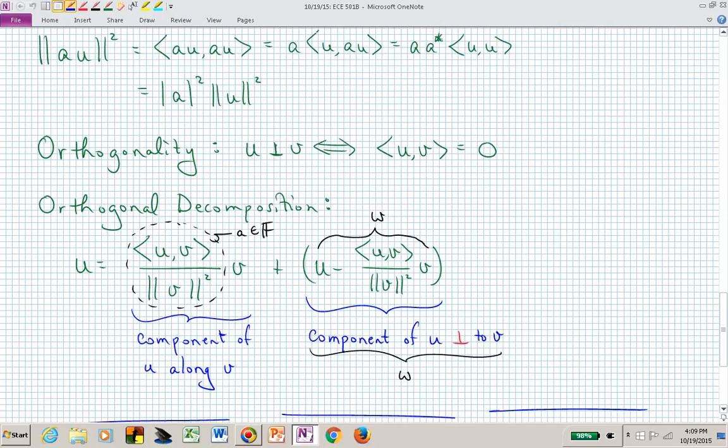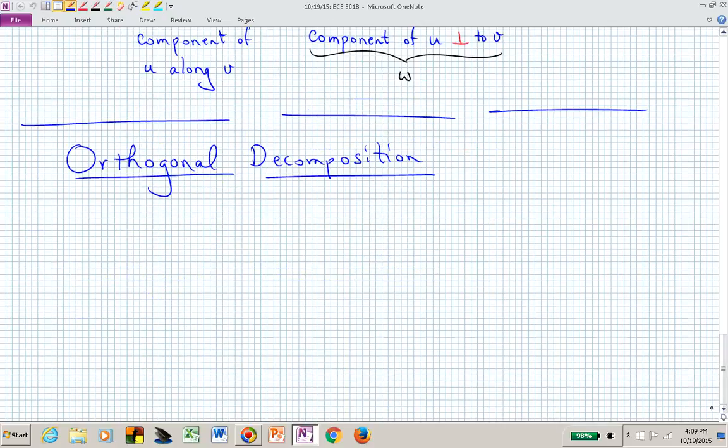And then we have another component that's actually orthogonal. So this is the component of u that's orthogonal to v, or perpendicular to v, and we'll call that w, and that's just u minus that same constant A times v. Let's derive that and see where that comes from.